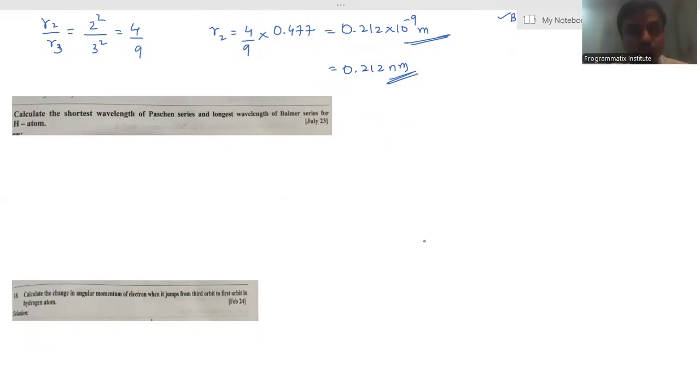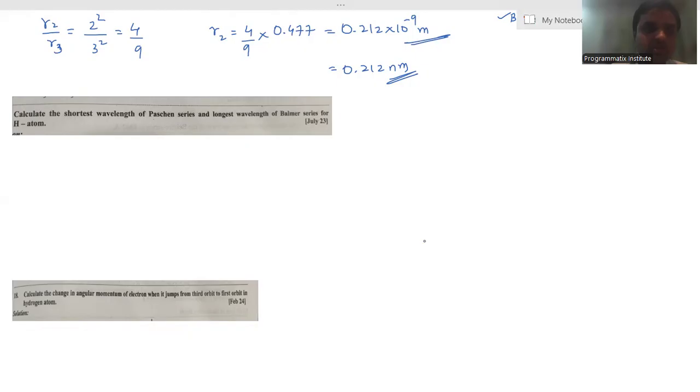More frequency means more energy, and longest wavelength will be from the immediate next orbit of that particular series. For example, for the Balmer series, the longest wavelength will be from the third orbit, and the shortest wavelength will be from infinity. So this I have already given. I've given you one good table.